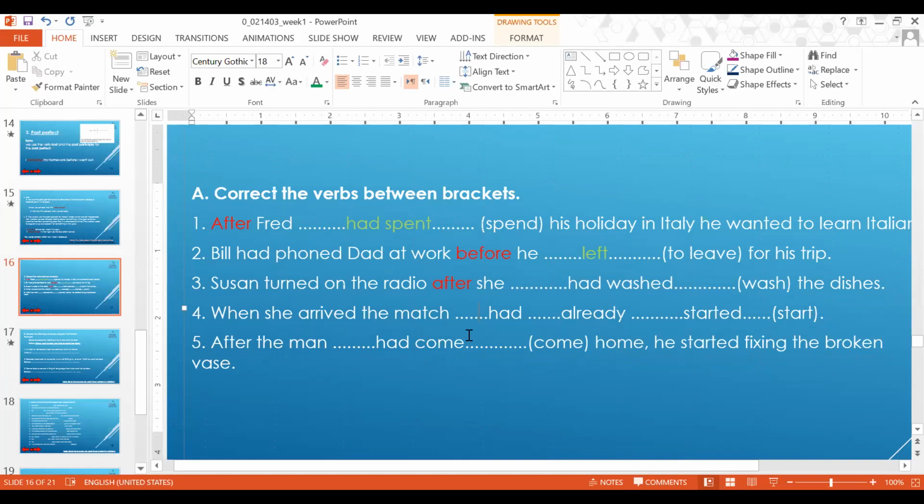I think this is the last thing that we have to do today, and I think we don't have enough time. Any question? Did you understand the concept of this tense? Yes. The concept is that we are using the past perfect, which is had plus past participle, to talk about an action that happened before another one in the past.